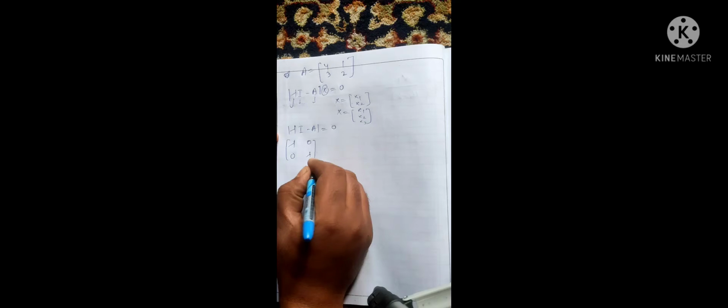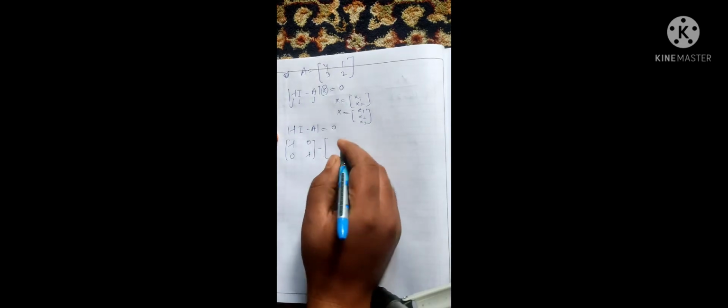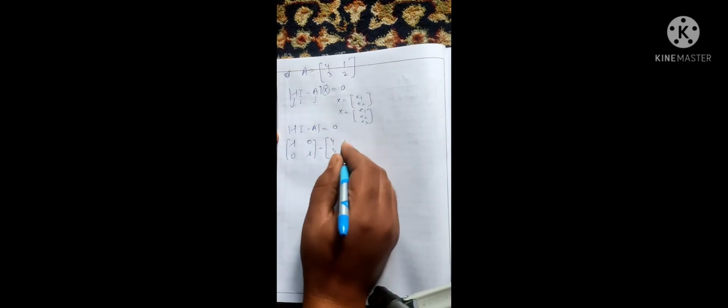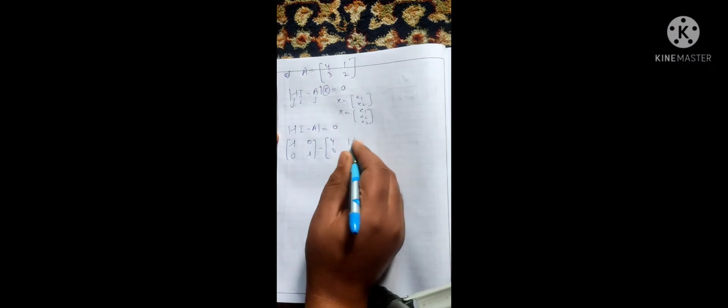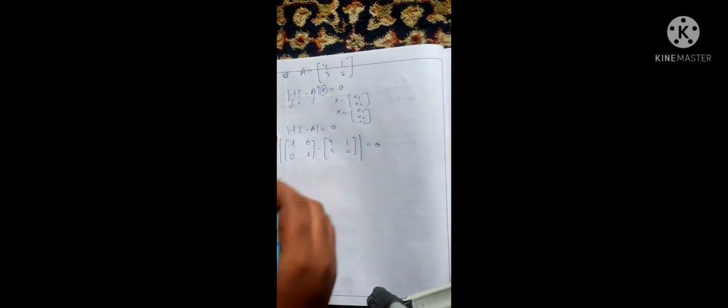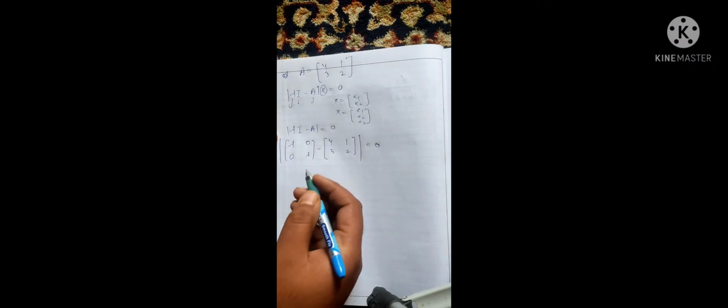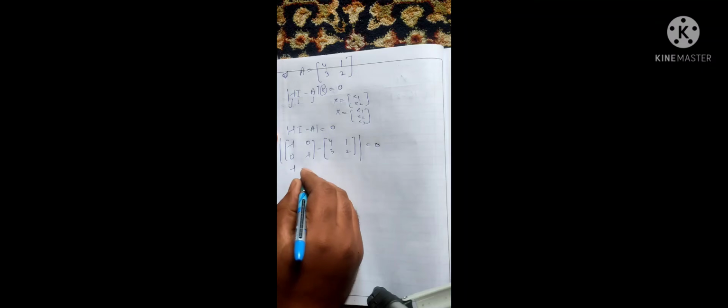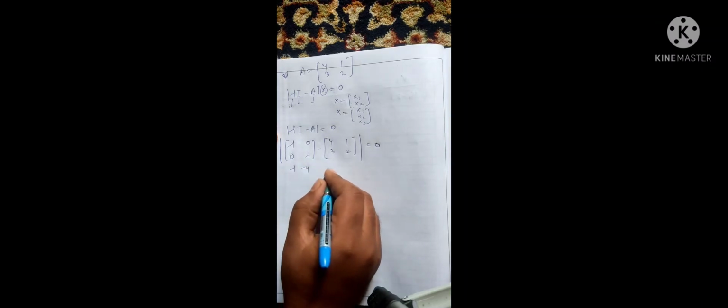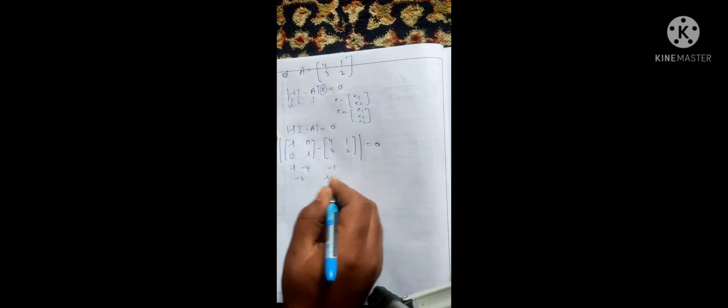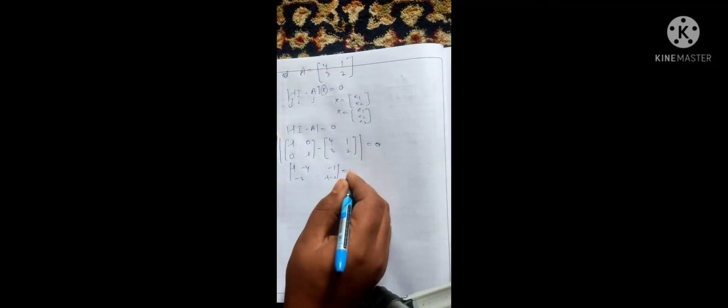Now minus A, where A is our given matrix 4 3 1 2, inside the determinant. I hope you know how to do subtraction of two matrices. So lambda minus 4, minus 3, minus 1, lambda minus 2 is equal to 0.